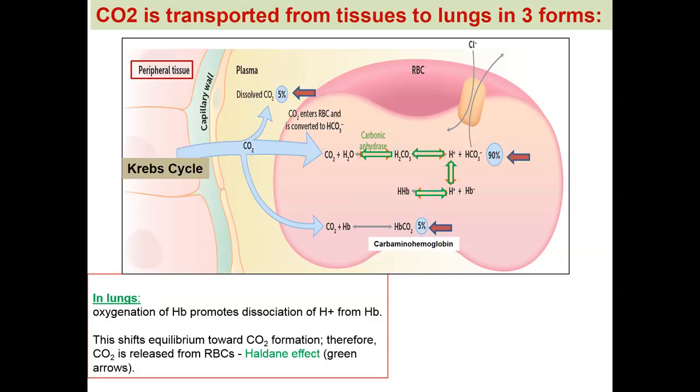And the carbonic acid is now converted back to CO2. And now that CO2 gets exhaled out. Okay? So that's how the CO2 gets transported from your tissue all the way to your lung and gets exhaled out. Is this clear? Okay? Is this clear? So this is called the Haldane effect, as you see in the green arrow. Is this clear? No question on this one?